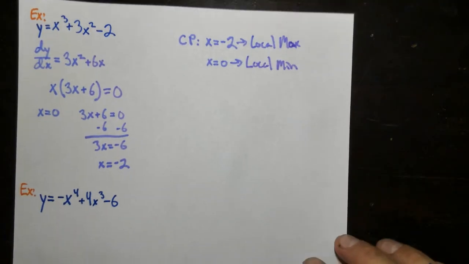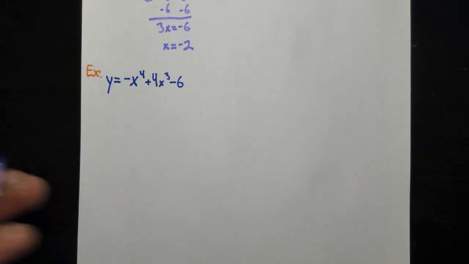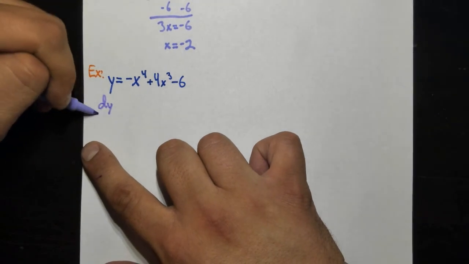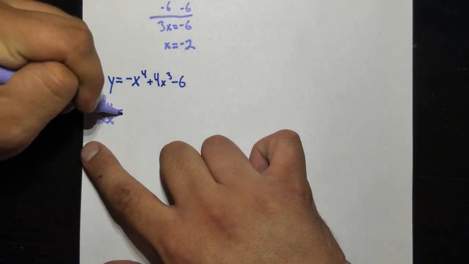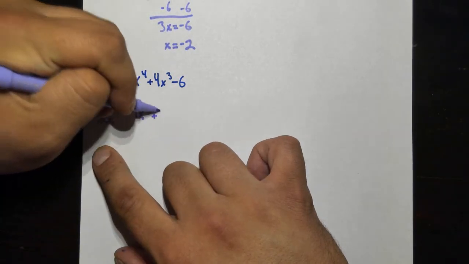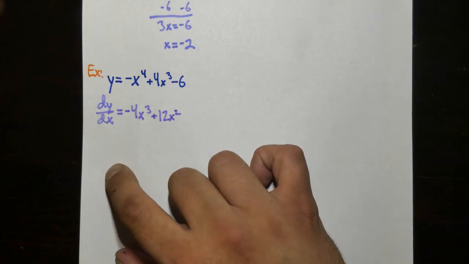Awesome. All right, one last example for us. So let's go ahead and take the derivative of this one. So we're going to have dy dx equals negative 4x cubed plus 12x squared. And the negative 6 goes away.